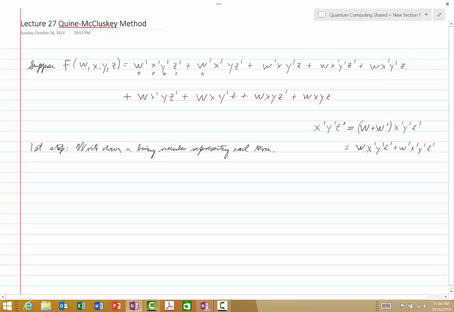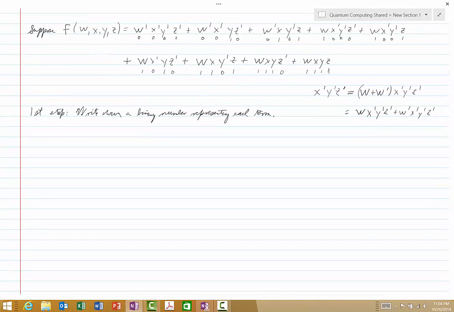The second one would be 0, 0, 1, 0, and then the next one would be 0, 1, 0, 1. The next one would be 1, 0, 0, 0. The next ones are 1, 0, 0, 1, then 1, 0, 1, 0, then 1, 1, 0, 1, then 1, 1, 1, 0, and then finally 1, 1, 1, 1.